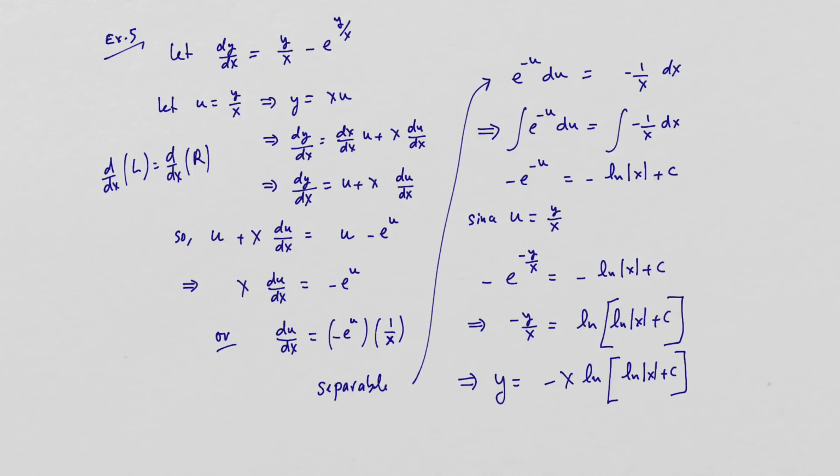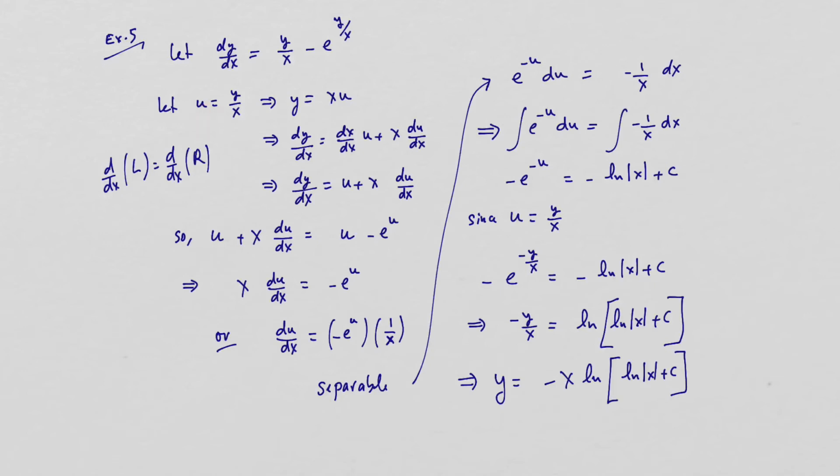Now this clearly doesn't look like it is separable. I don't see a product of a function of x and another function of y. However, you see this little expression y over x, and I can make a u substitution, hoping I can turn this non-separable equation into a separable equation.